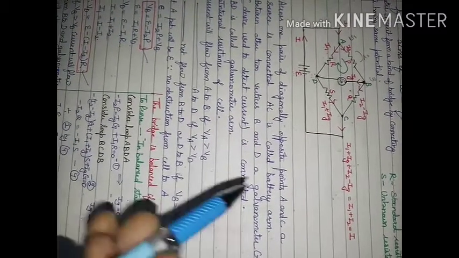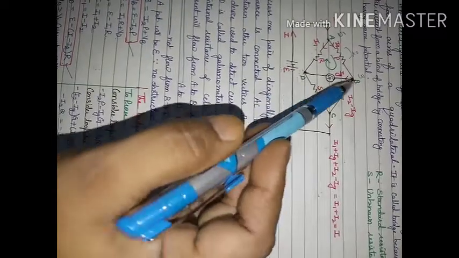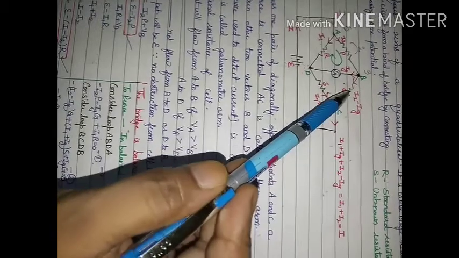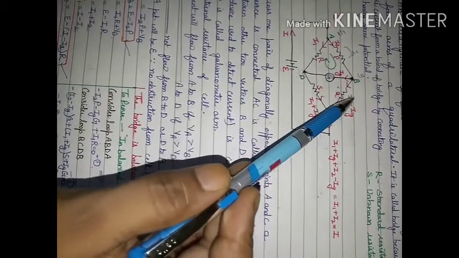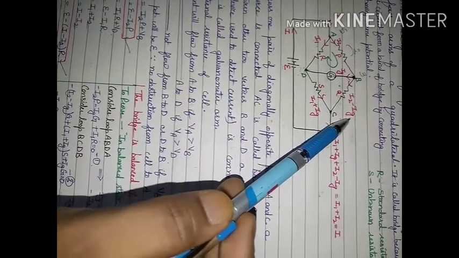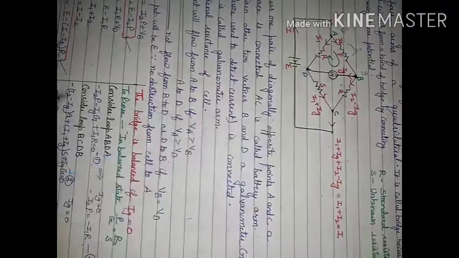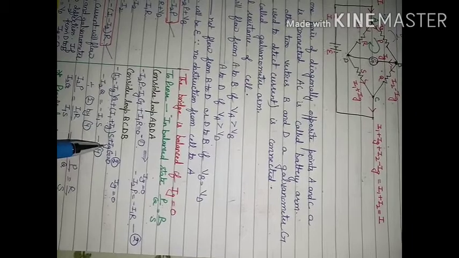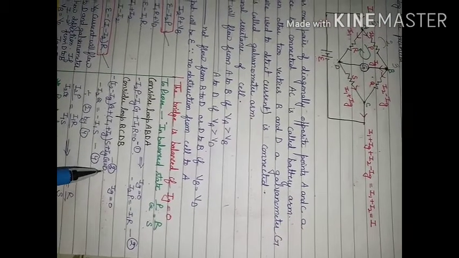When we consider loop BCDB, using Kirchhoff's law, we will have minus (I2 minus Ig) multiplied by this resistance Q, plus I1S, plus IgG is equal to 0.